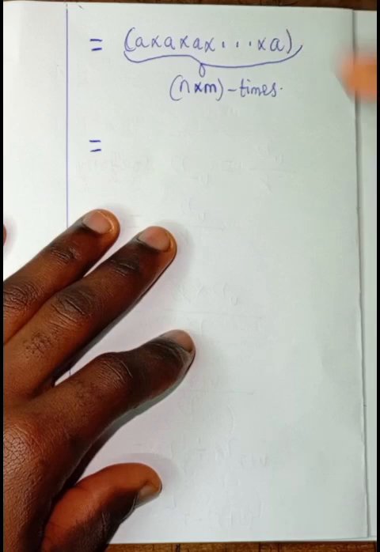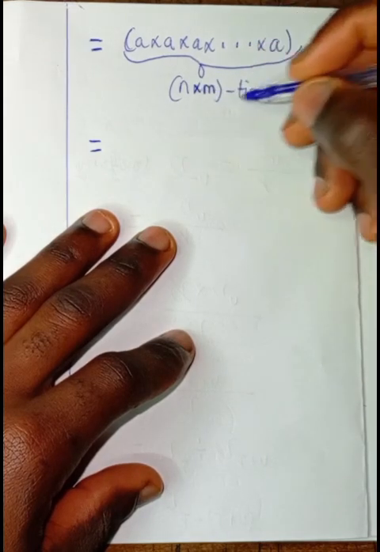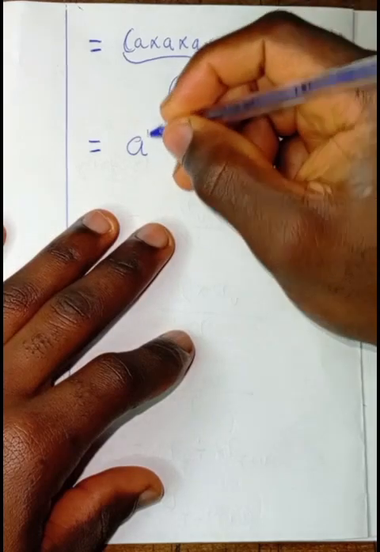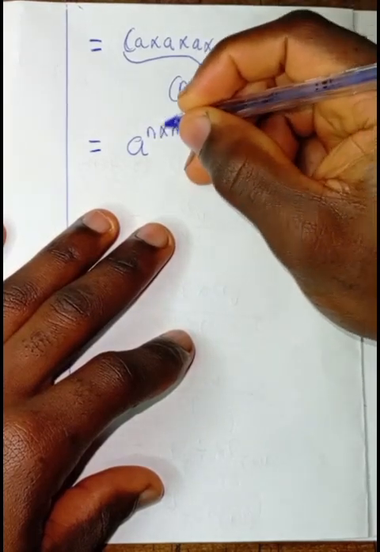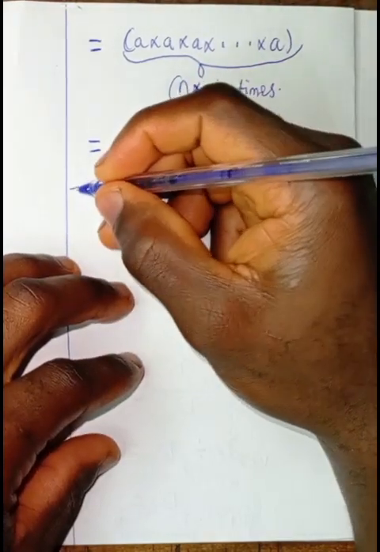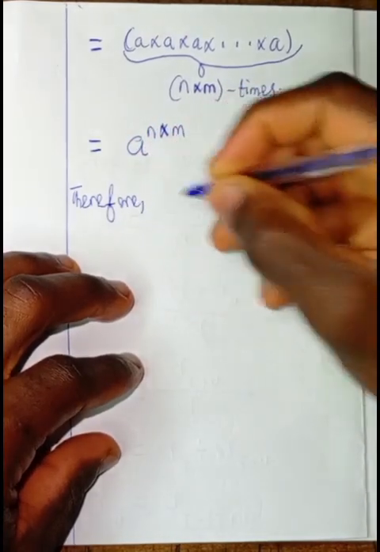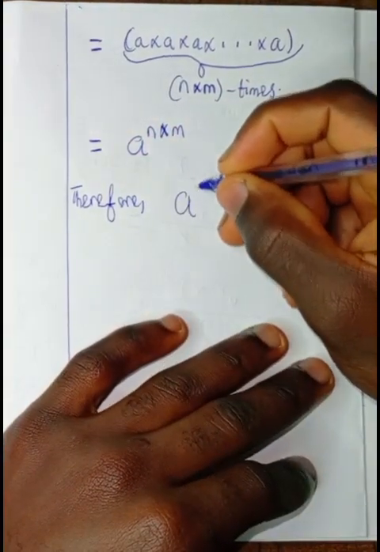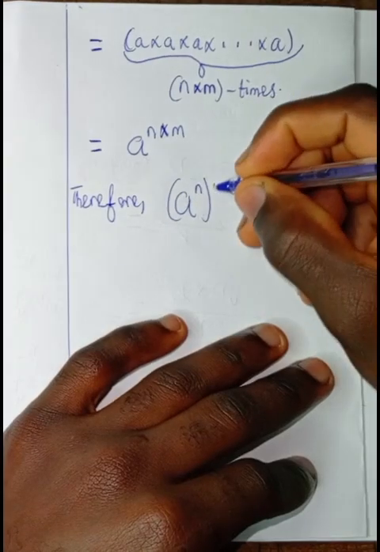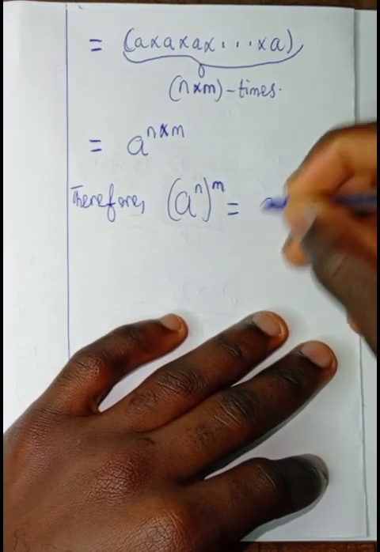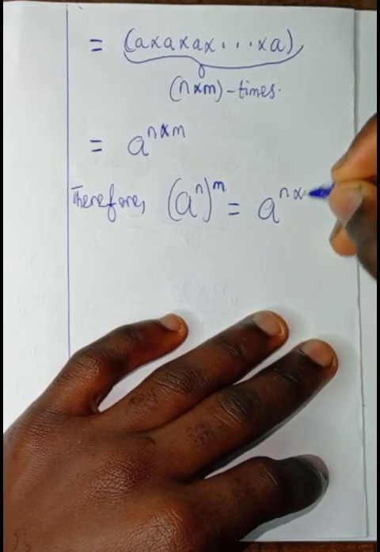You see that we are multiplying a by itself n times m times. So this will simply be equal to a raised to the power n times m. Then we conclude, therefore, a raised to the power n, all this raised to the power m, is equal to a raised to the power n times m.